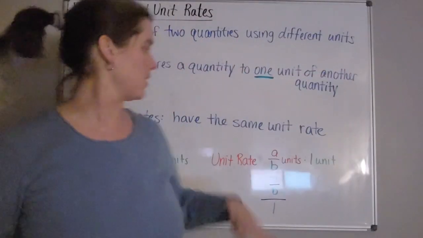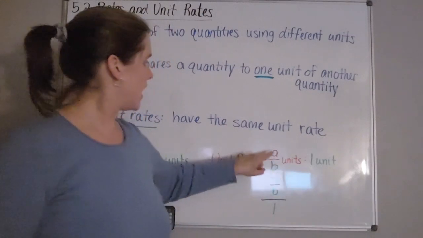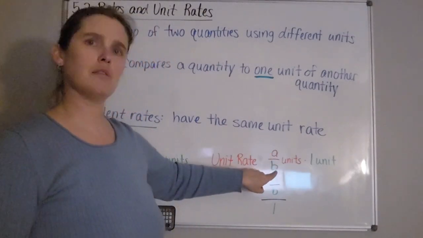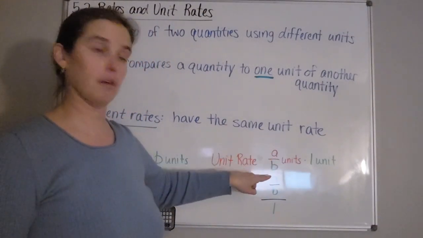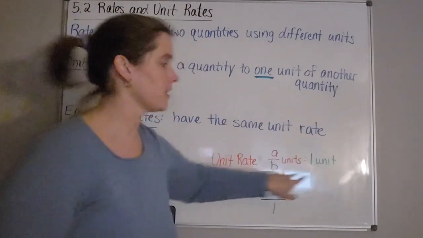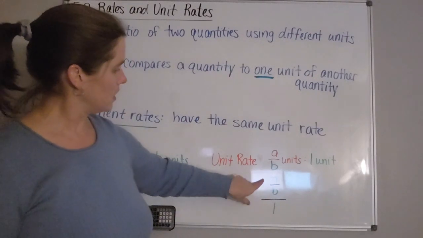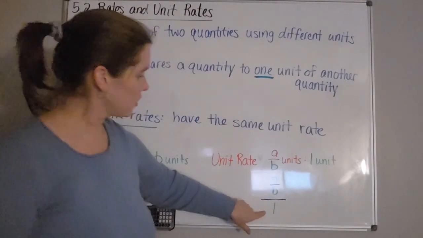I'm going to step over here. So our unit rate, we can write it as A over B units. So that first over second item amount of units compared to 1 unit of that second item. So you've got the 2 different colors to try to help distinguish that. Or if you write it as a fraction, it's A over B all over 1.